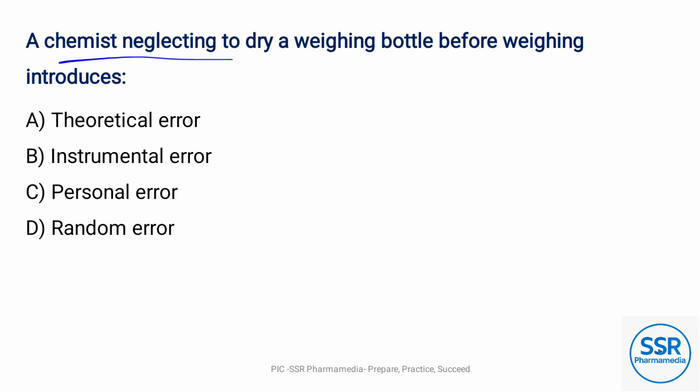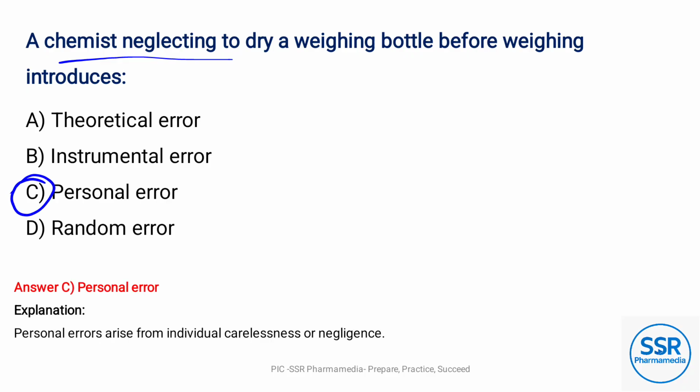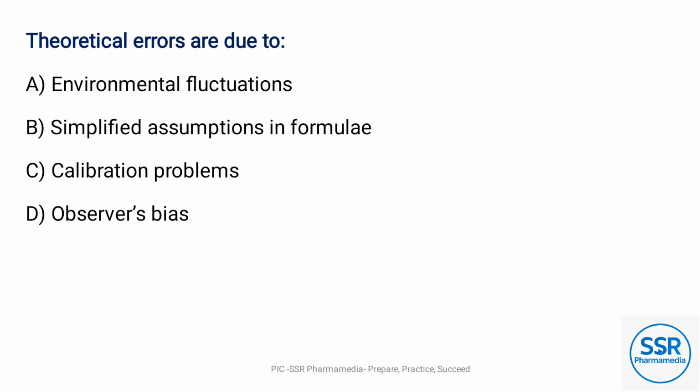A chemist neglecting to dry a weighing bottle before weighing introduces which type of error? The answer is option C, personal error. It is completely a person's error, the incomplete drying of the weighing bottle. Personal error arises from the individual due to carelessness or negligence.